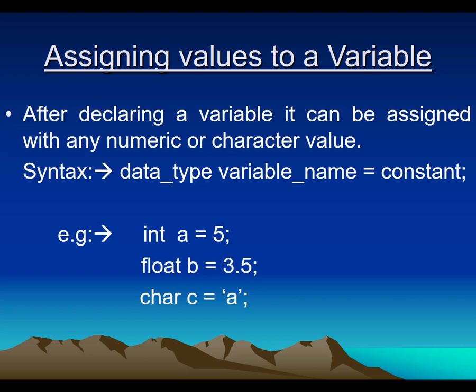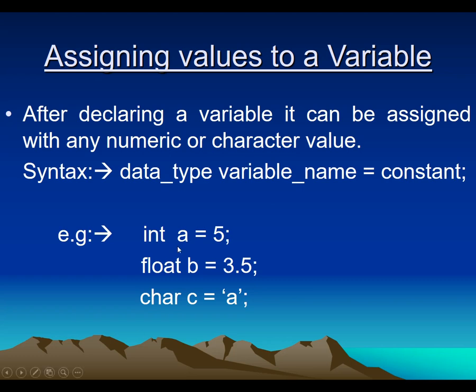For assigning a value to the variable, a simple statement that we can write is integer A equals 5, where equals is the assignment operator. The operator is itself a big concept which we will discuss later on, but we have written this program in C, showing how to assign a variable a fixed value.